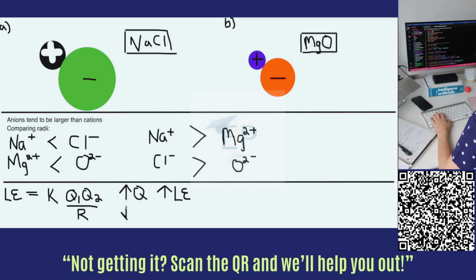In addition, if we have a smaller ionic radii, we have a larger lattice energy as well.